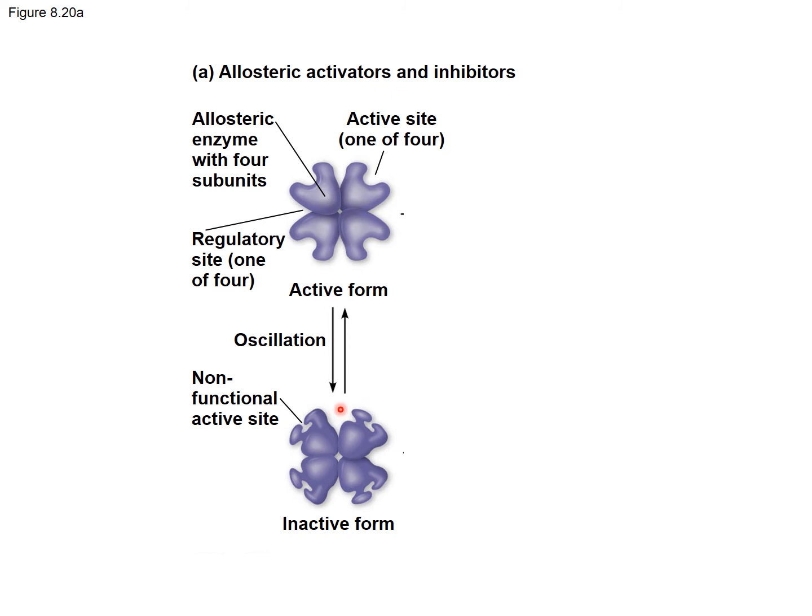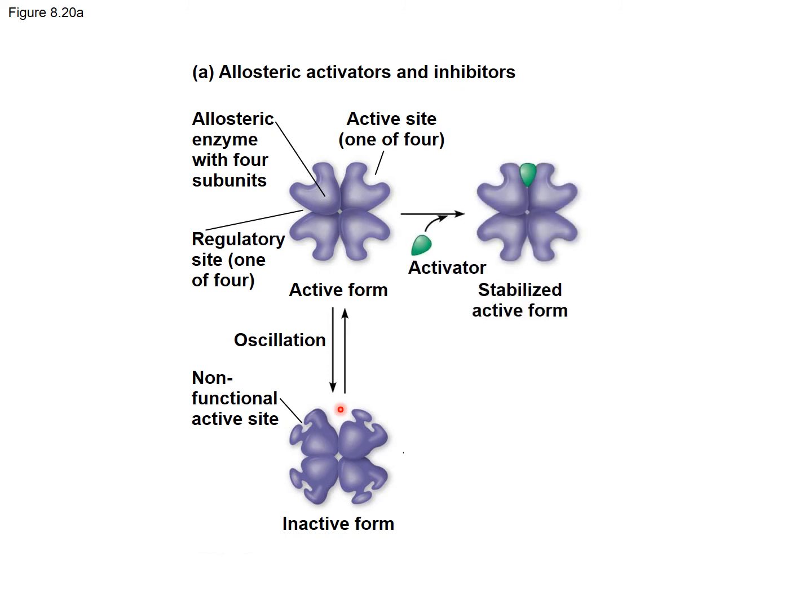So let's look at what happens when an activator or an inhibitor is present in the environment. When there's an activator present, it binds, and it fits right into that spot and stabilizes the active form.